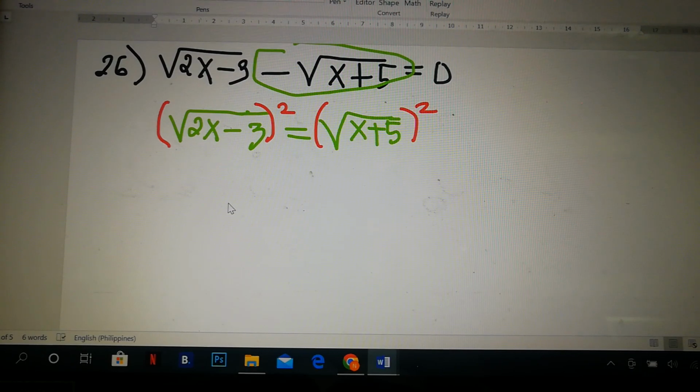If you are squaring a radical with index 2, you just simply cancel the index and the exponent. Your answer is just the radical, which is equal to 2x minus 3. Therefore, square root of x plus 5 squared is also equal to x plus 5.